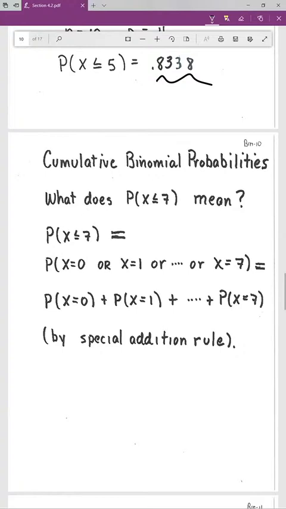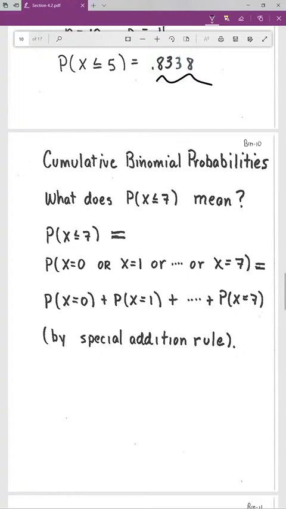So the probability of x less than or equal to 7 is the probability of x equals 0 plus the probability of x equals 1 plus the probability of x equals 2 plus ... all the way to plus the probability of x equals 7 by our special addition rule.